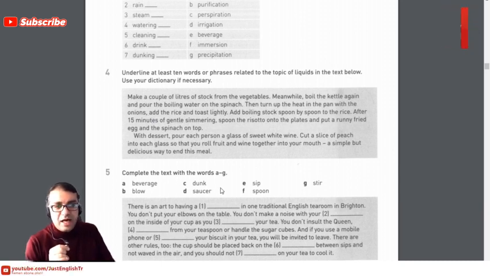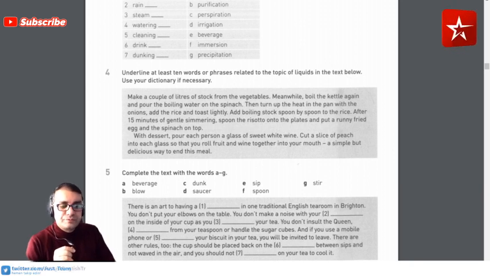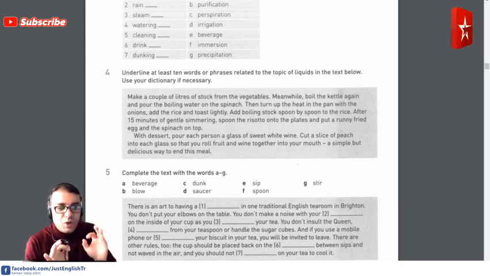So everyone, I want everyone to find the keywords related to the topic of liquids. Come on, show me something. As I said, keywords which are related to liquids.